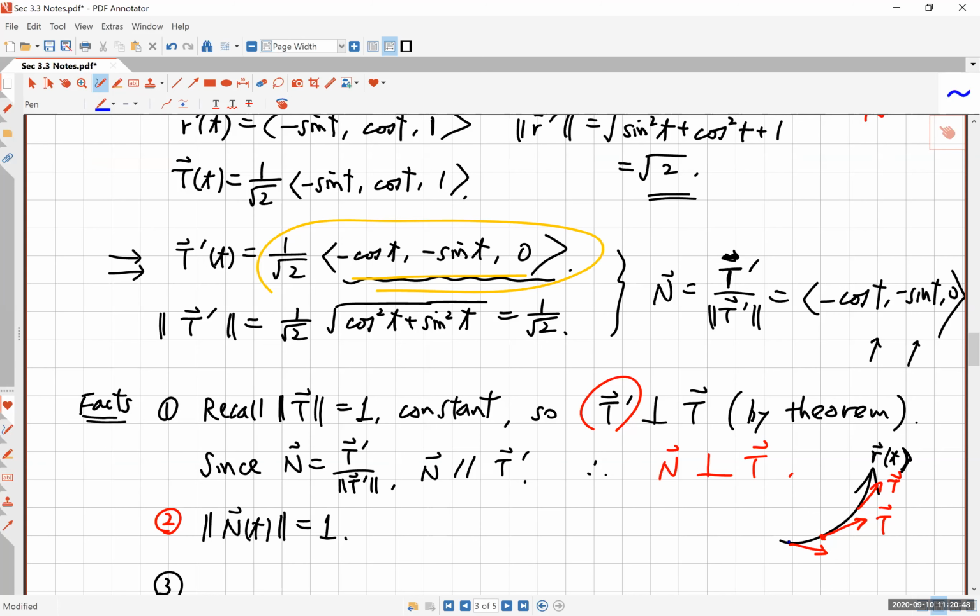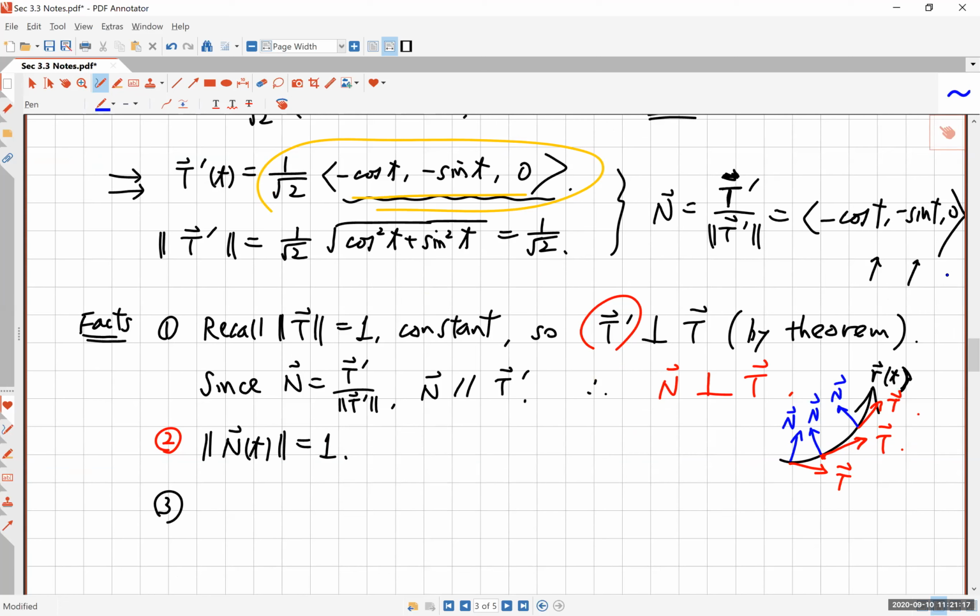So T is going from this one here, then this, then this, so it's kind of going toward the left, and N is showing you how T is changing direction. N is saying, hey, you start to go this way. And remember, this is perpendicular, this is perpendicular, this is perpendicular. That's what N is doing. So N is pointing to the inward direction of how T is changing.